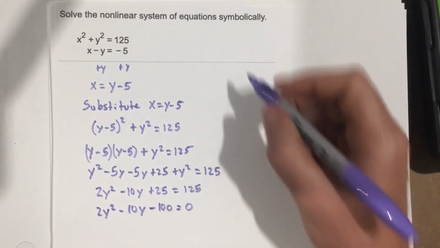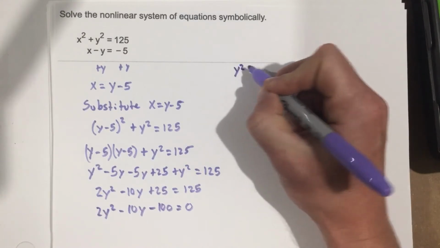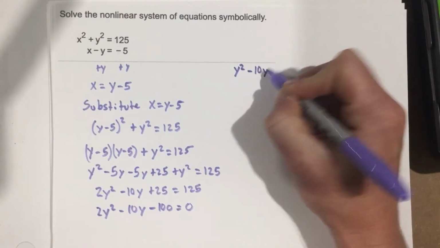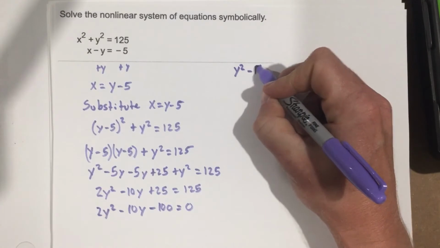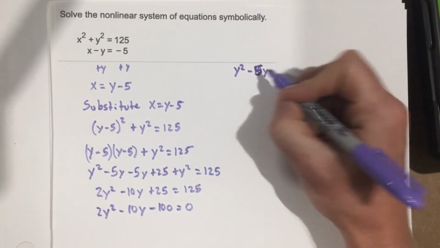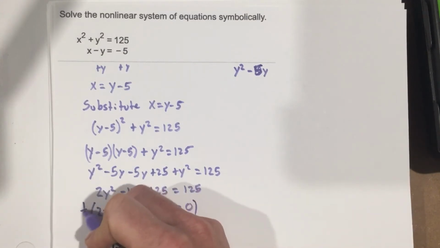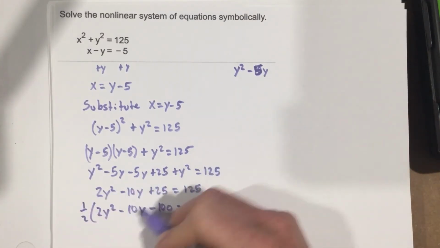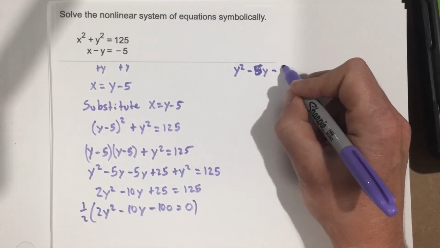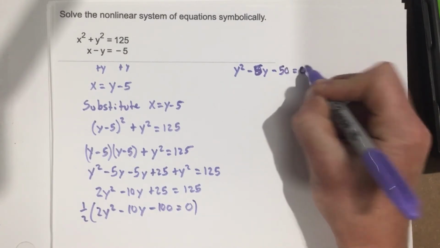So I'm going to end up with y squared minus 5y minus 50 equals 0, because I divided by 2. So I'm taking all this times a half.